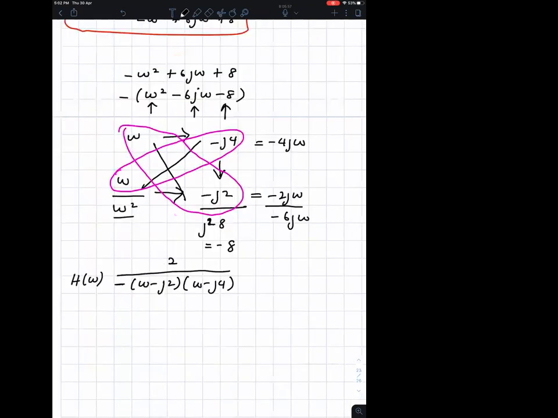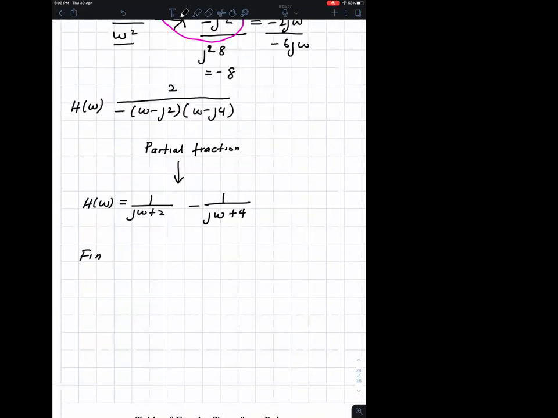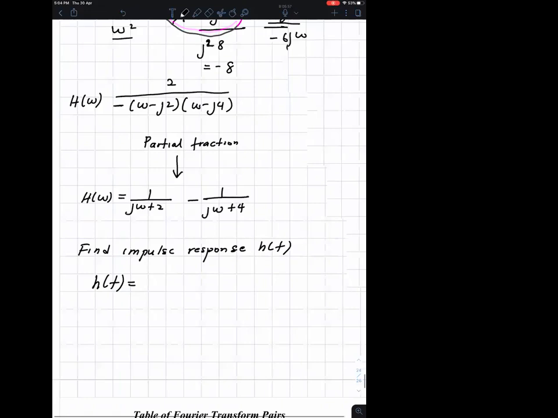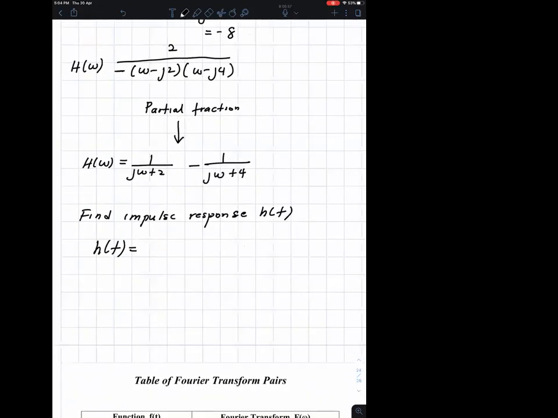After doing the partial fraction, it's just the inverse Fourier transform of H omega. That's going to give you e to the minus 2t minus e to the minus 4t.